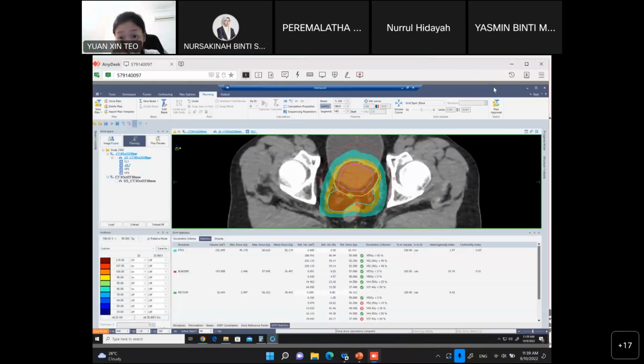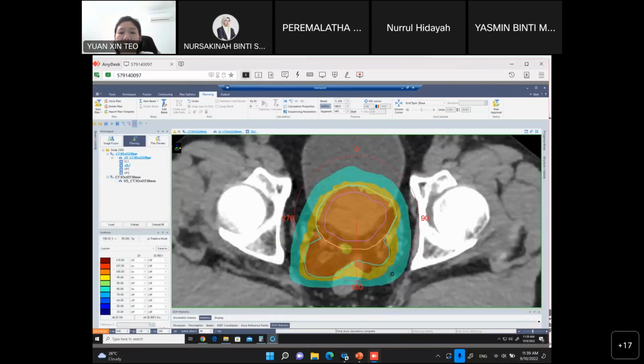So this case, okay, let me go. This is an example of a CA prostate case.